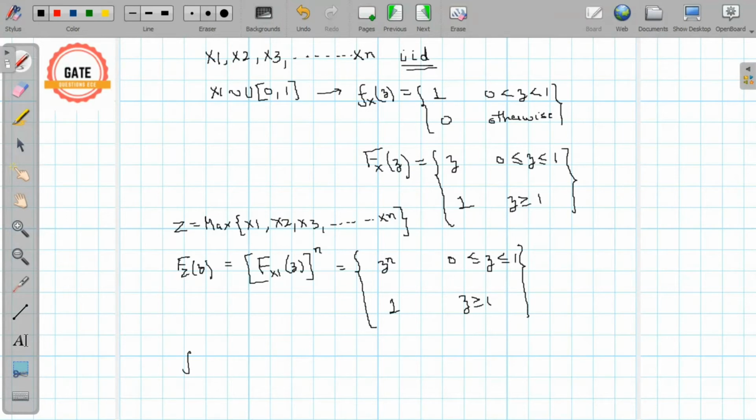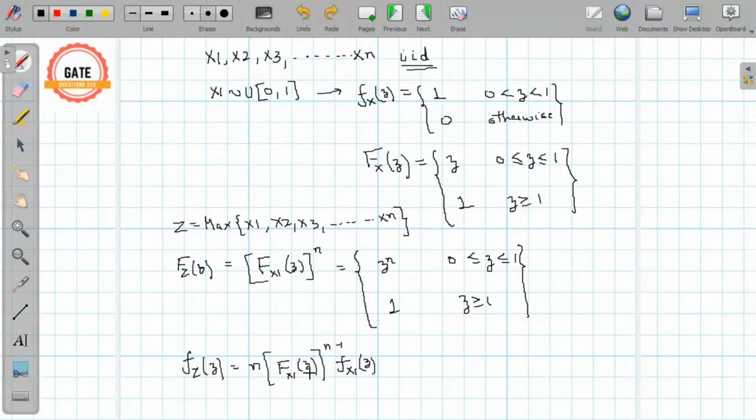Similarly, the PDF of Z will be equal to the differentiation of this. That will be n times the CDF of X1 raised to power n minus 1, times the differentiation of the CDF, which is the PDF of X1.